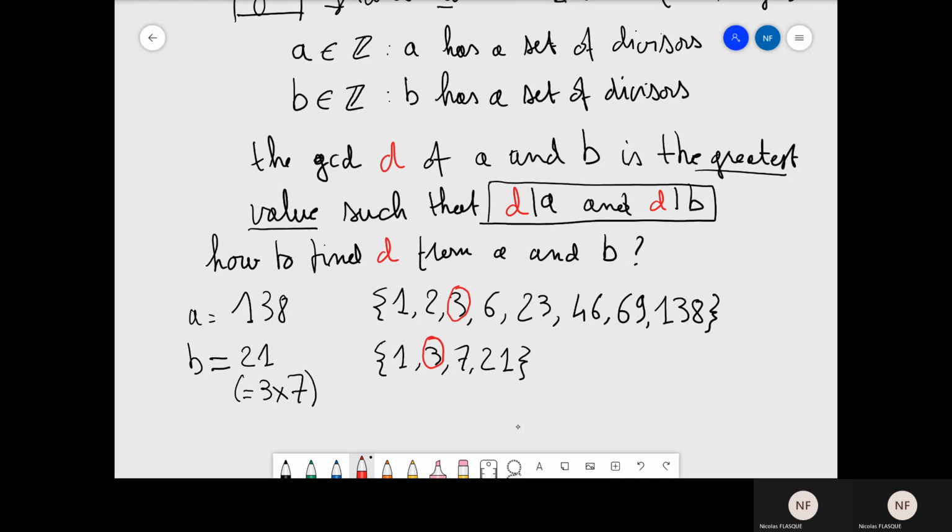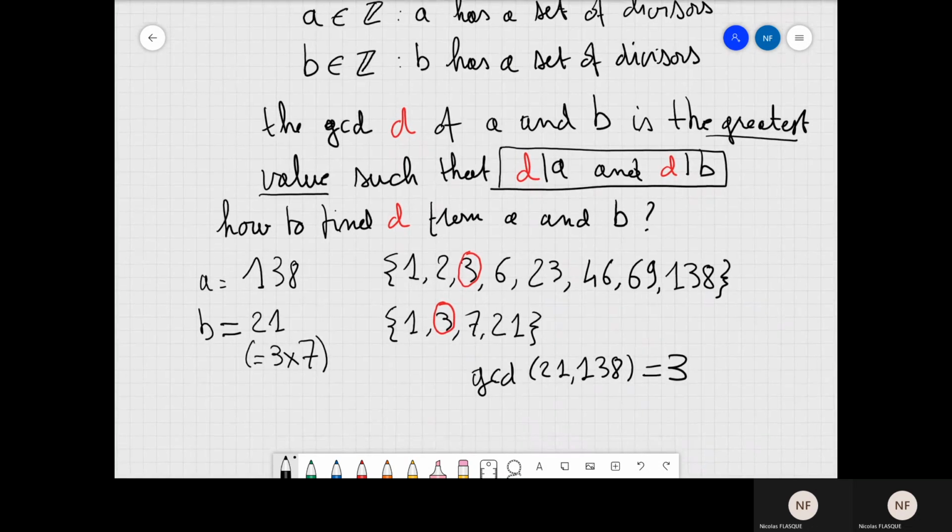So here the GCD of 21 and 138 is equal to 3. It's the greatest common divisor of those two numbers.